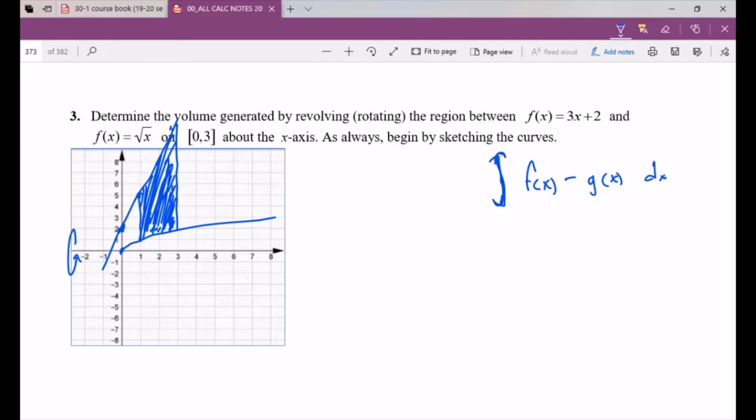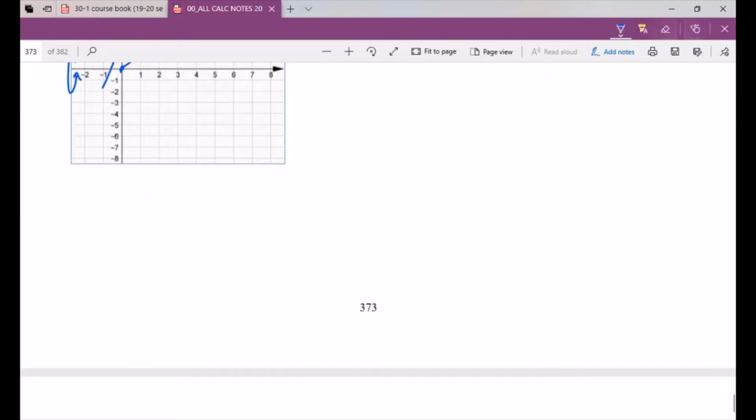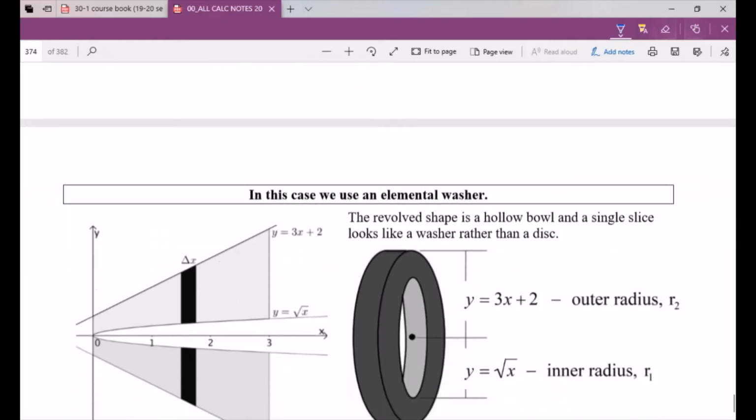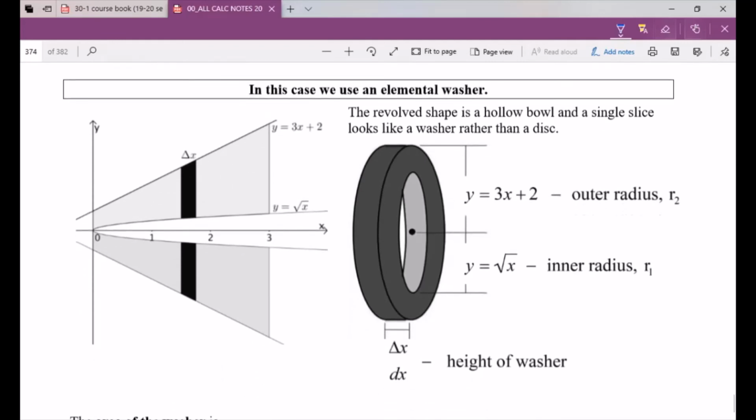Well, this is going to be quite a similar thing, in that we're going to create a washer out of this. And so this area between these two curves, when you spin it around the x-axis, is going to trace out this washer shape.